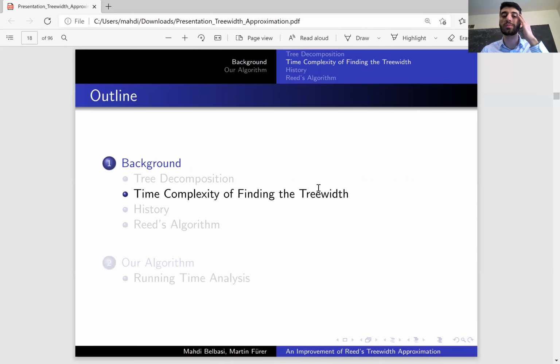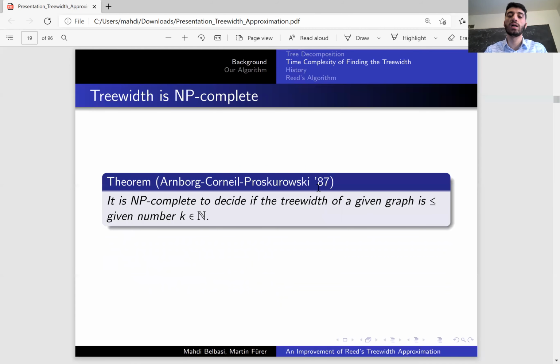So here we are going to present one of the algorithms, which is Reed's algorithm. But before that, let's look at the difficulty of this problem itself. We said that if we have a tree decomposition and the tree width is small, in fact, we can solve many NP-complete problems very fast.